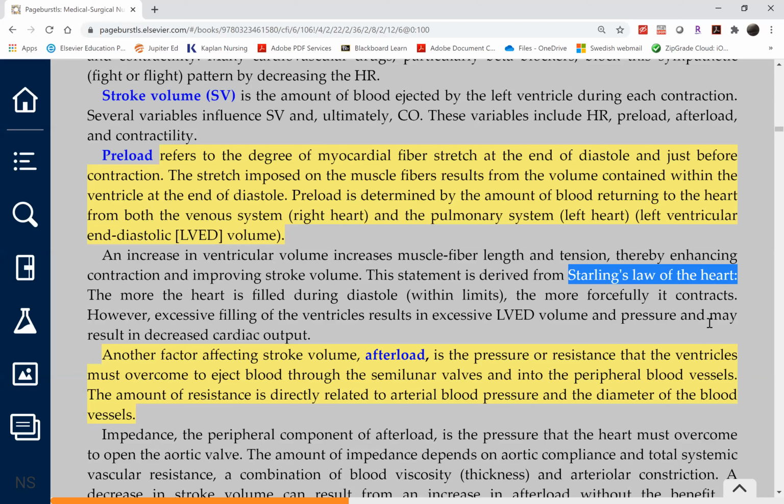Meaning the more preload you put into the ventricle, the greater the resulting contraction, the greater the blood pressure, the greater the cardiac output.